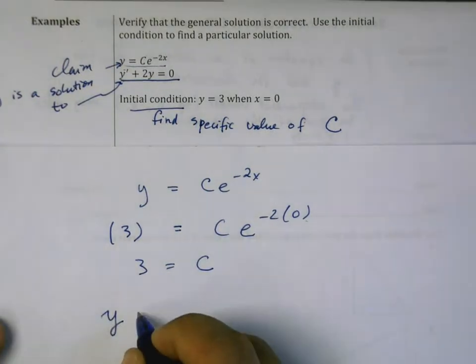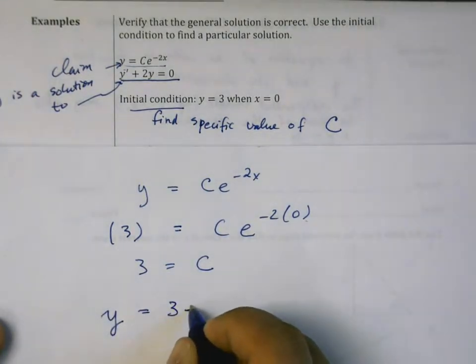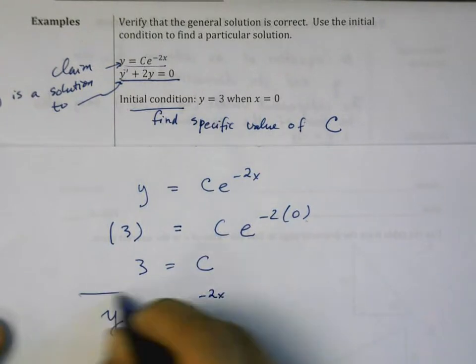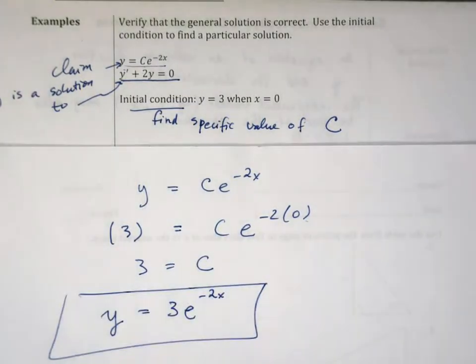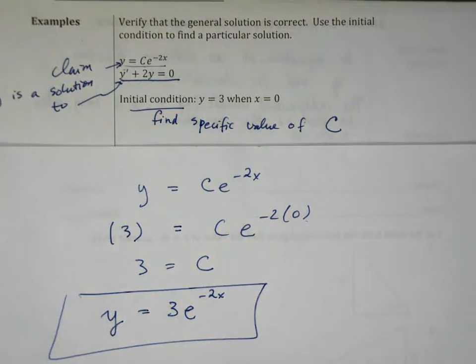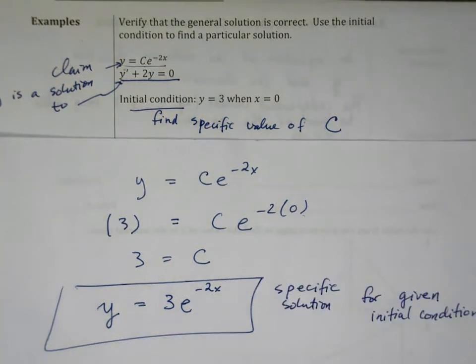So the specific solution is y is equal to 3 e to the negative 2x. So that's the specific solution for the given initial conditions.